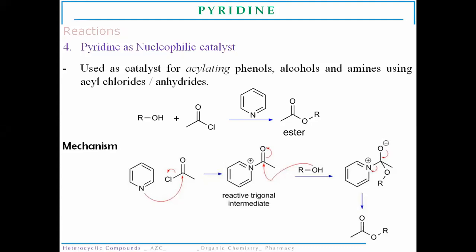Whenever there is a reaction of acylation of phenol, as phenol is acidic in nature, the pyridine molecule acts as a catalyst in this reaction. So when phenol reacts with an acylating reagent in the presence of pyridine, it synthesizes an ester molecule.